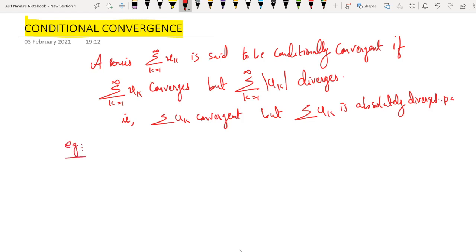For example, we take a series sigma k equal to 1 to infinity (minus 1) power k plus 1 divided by k. So this series is an alternating series.